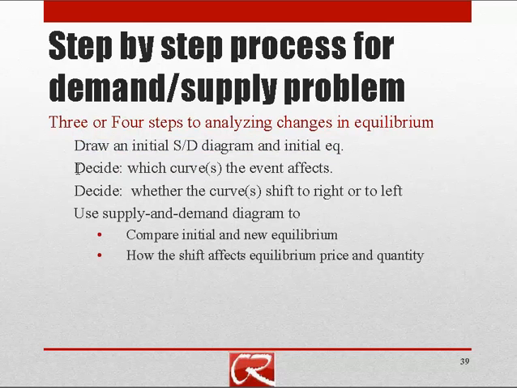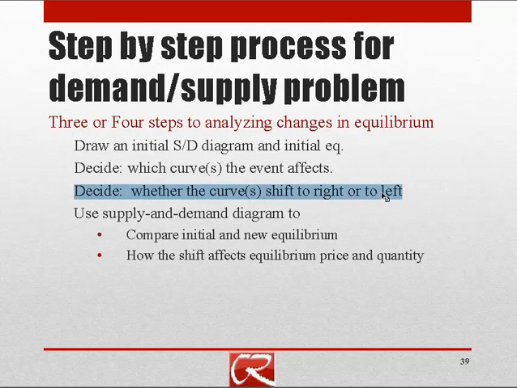And then we think about the event and think about which curve or curves the event will affect. Most events are just going to affect supply or demand. Once we've decided which curve or curves are going to be affected, then we're going to figure out whether or not the curve shifts left or right.